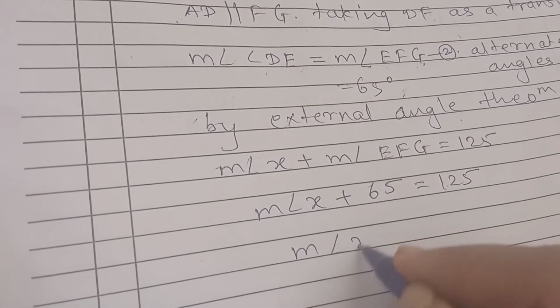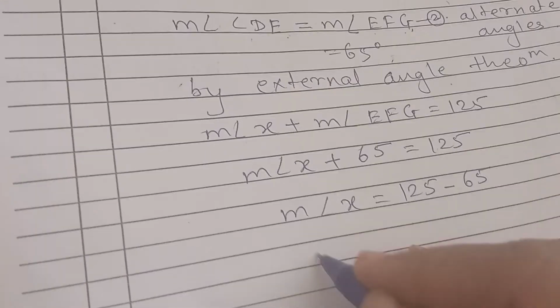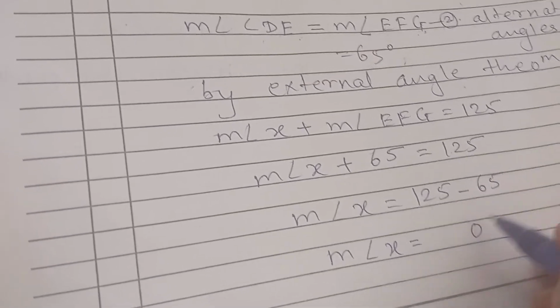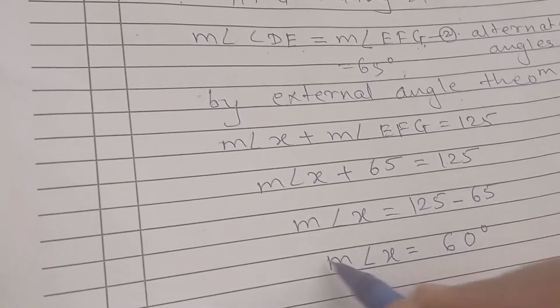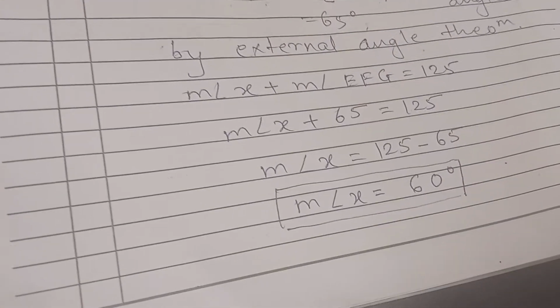That is, measure of angle x is equal to 125 minus 65. Measure of angle x is equal to 60. Thus we get the value of x and the value of y.